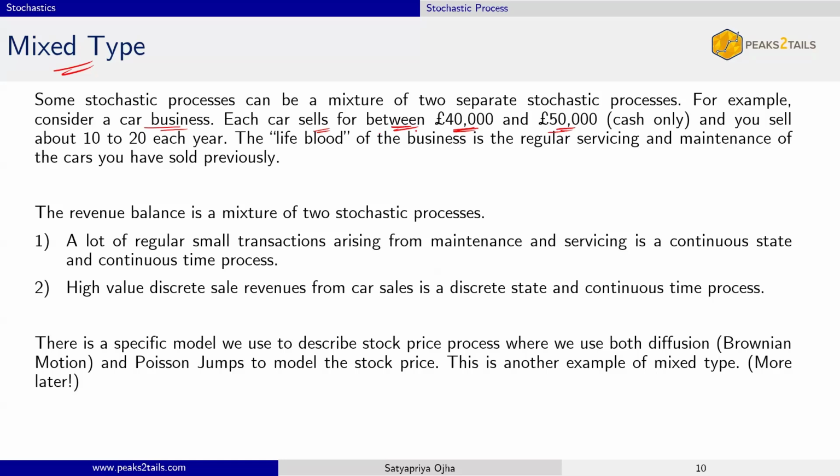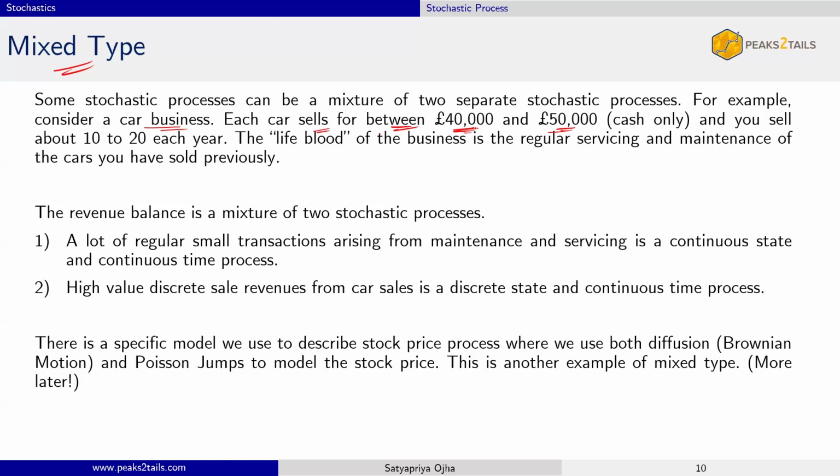So what I'm hinting is that it's a continuous space. Car sales price is a continuous space. There will be tax and all these things, and eventually you'll end up with a number like 42,560.28 or something, and then you ignore the pennies. So it is a continuous space, a big price, low volume. Car sales are not a very frequent thing, right? It will happen maybe 2 a day or 1 in 3 days or something.